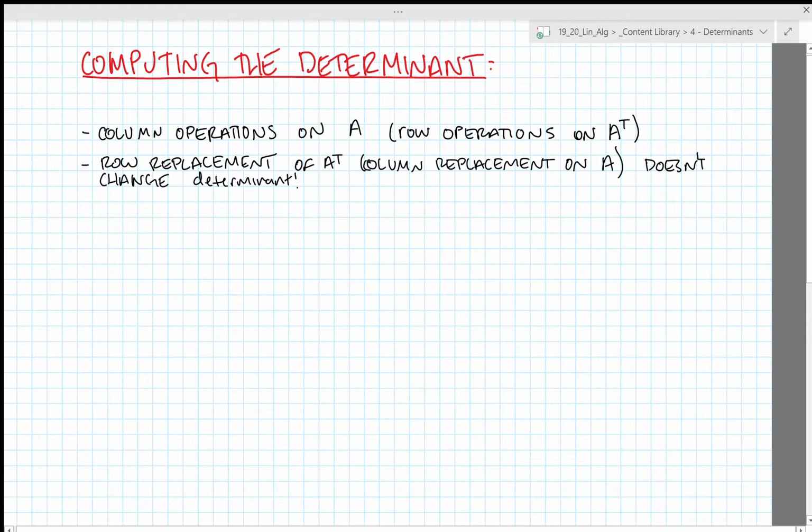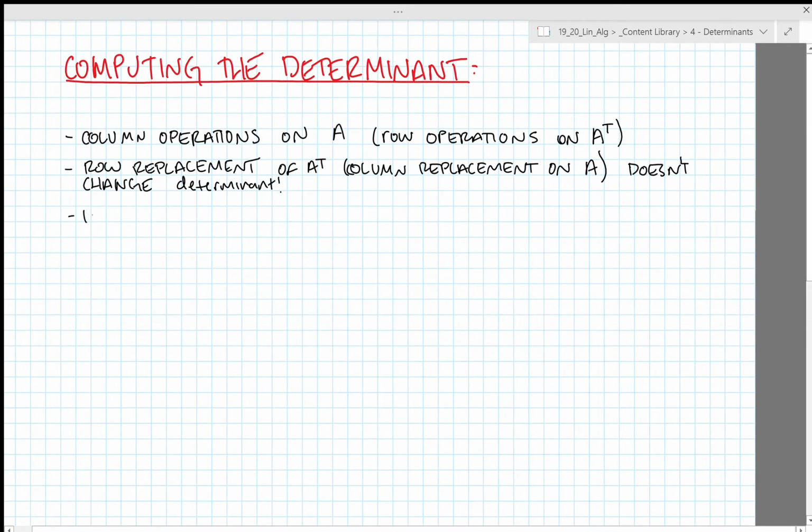We do have some operations that do change it, so we need to keep track of them. If we do a column exchange, you change the sign of the determinant.